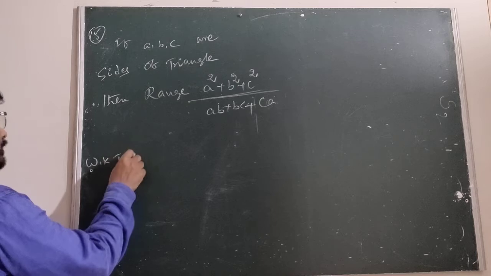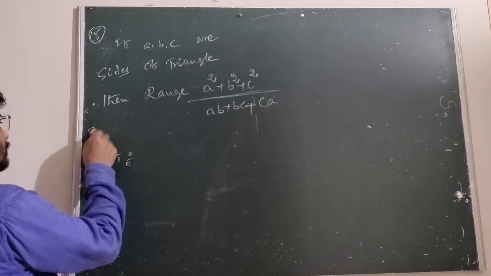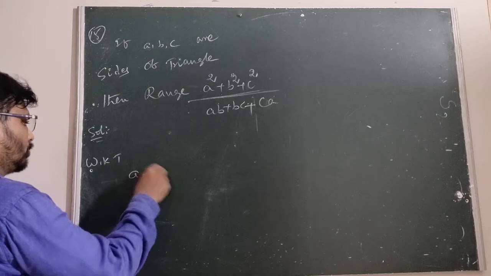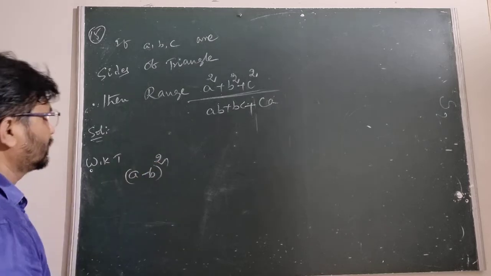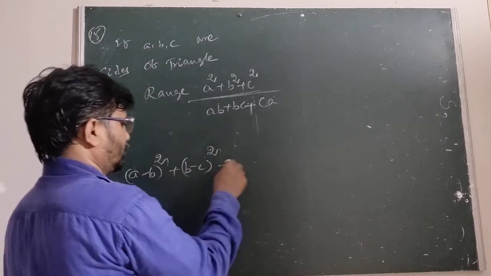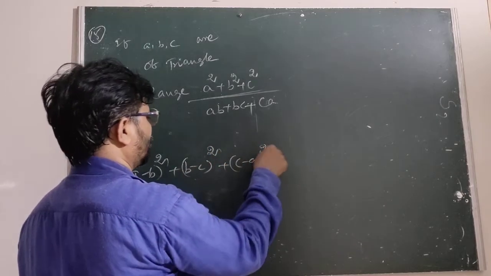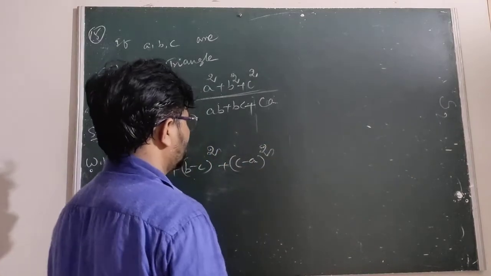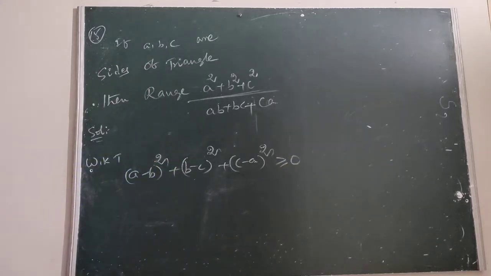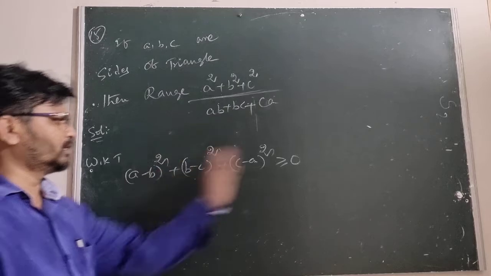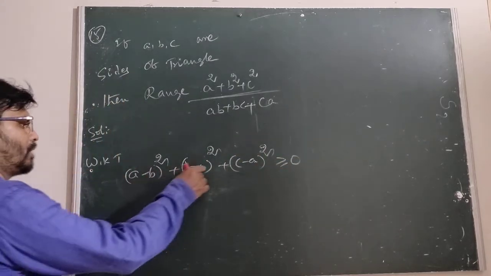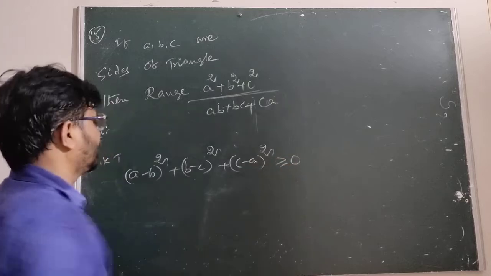So here we know that A minus B whole square, B minus C whole square, C minus A whole square is always greater than or equal to 0. Here A equal to B equal to C gives 0. If they have different values, it must be greater than 0. Every perfect square must be greater than or equal to 0.